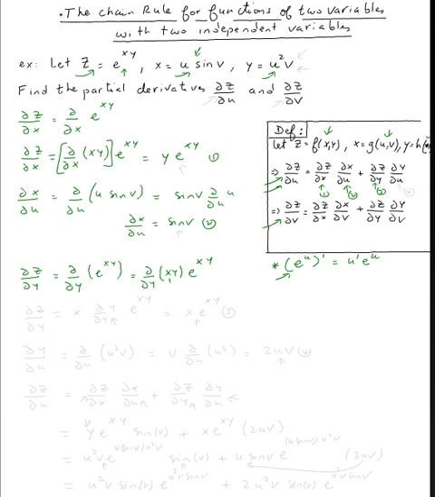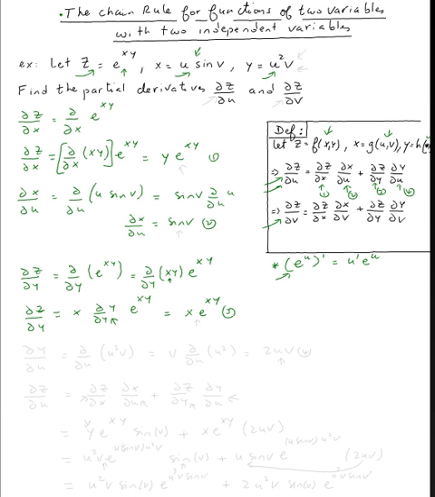Now x is a constant, we can take it outside. Partial with respect to y of y, and then times e to the xy. This is just 1. x times 1 is x, so it's x e to the xy. And this is partial z with respect to y. So this is 3. Now all I need is 4 and I'm done.